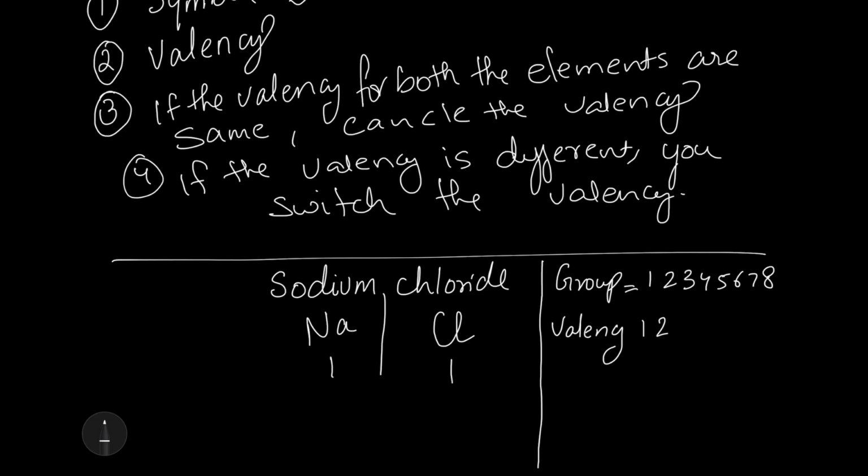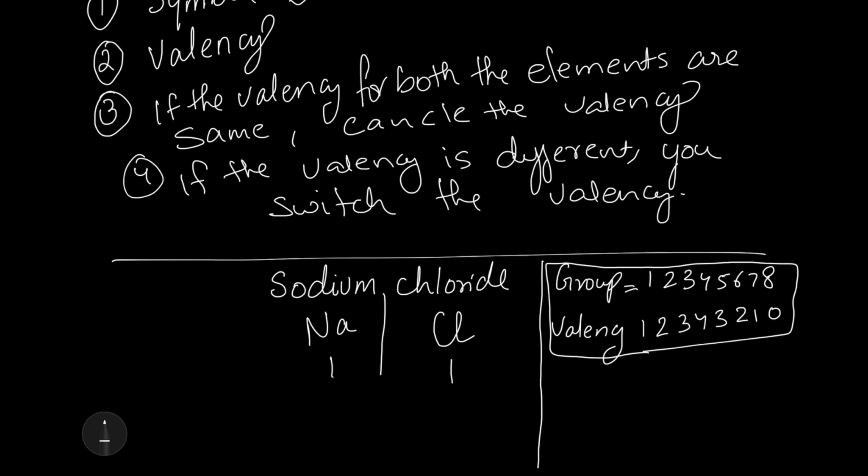And valency goes something like this: 1 2 3 4 3 2 1 0. You need to memorize this, very important. So group 1 elements will have valency 1, group 2 will have 2, 3 will have 3, 4 will have 4, 5 will gain 3 electrons, 6 will gain 2, 7 will gain 1, and 8 they don't lose, they don't gain, they are stable noble gases. So this is how the valency trend follows along with the group.